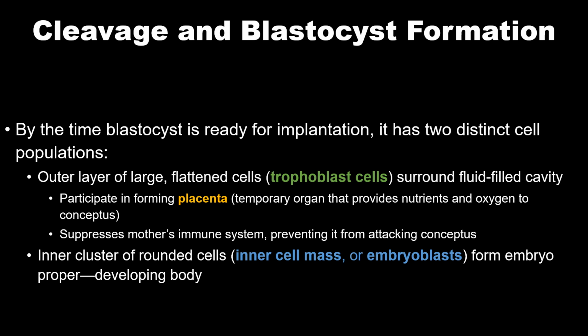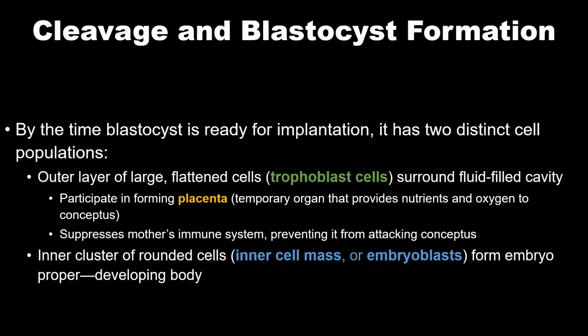And by the time the blastocyst is ready for implantation, it has 2 distinct cell populations. It has large flattened cells as an outer layer, and these are called trophoblast cells. These surround the fluid-filled cavity, and then they have an inner cluster of rounded cells, the inner cell mass, or the embryoblasts.